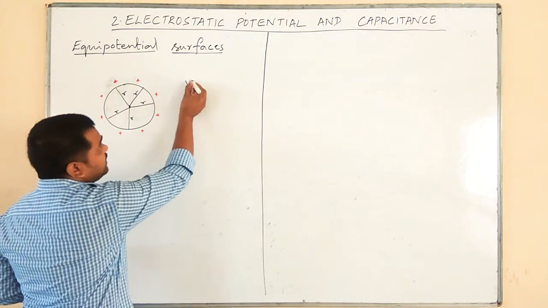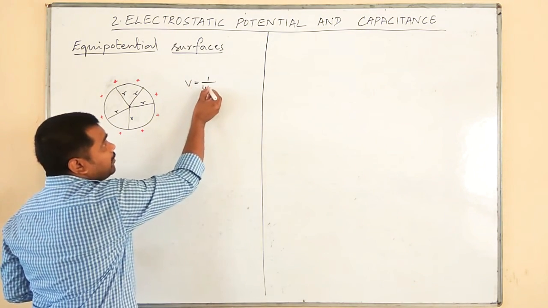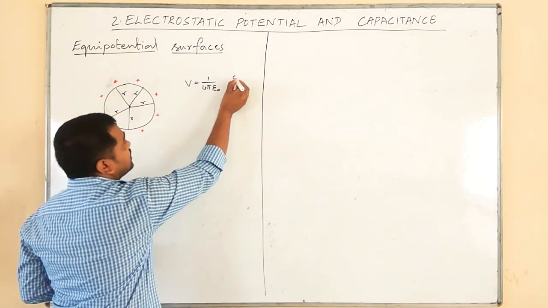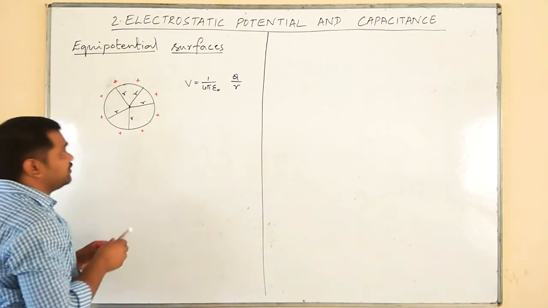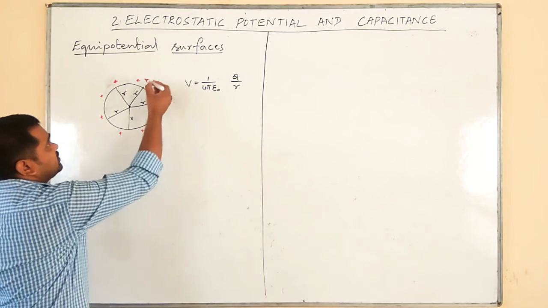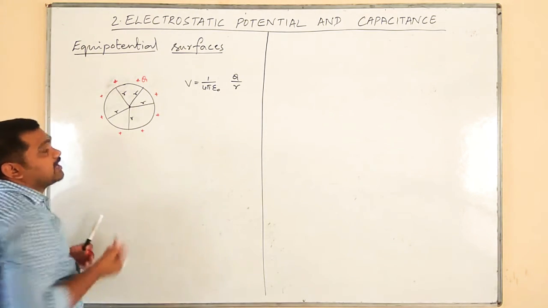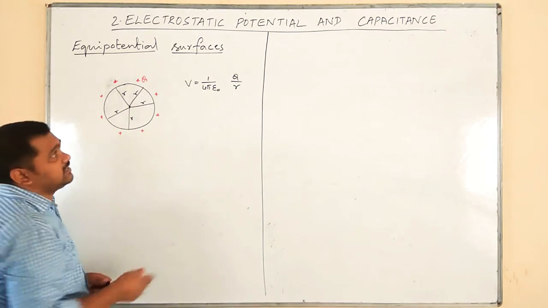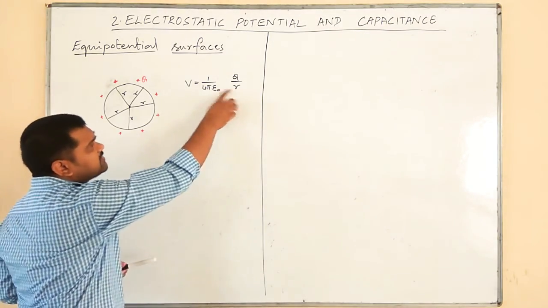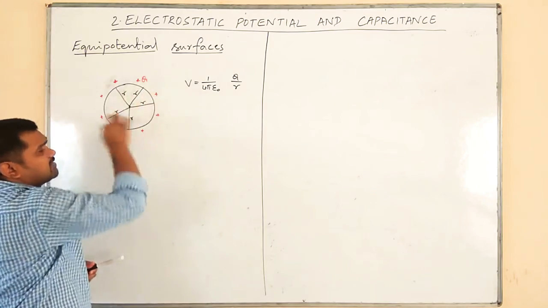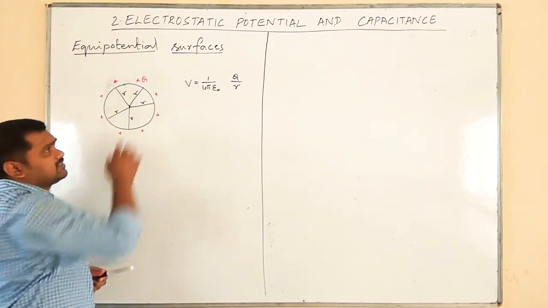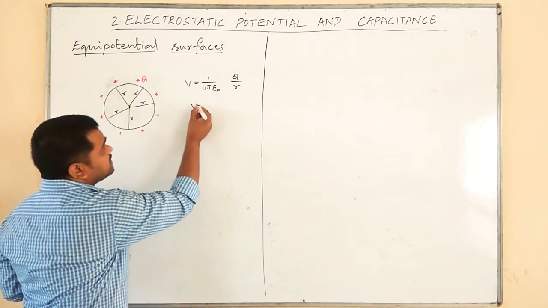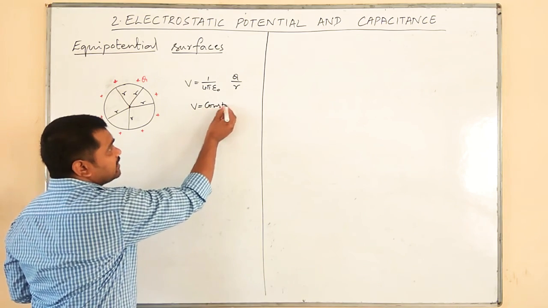Therefore, as per the equation V is equal to 1 upon 4 pi epsilon naught Q divided by R, suppose the charge on the spherical shell is capital Q. Since Q is constant and R is also constant, we can say V is equal to constant.